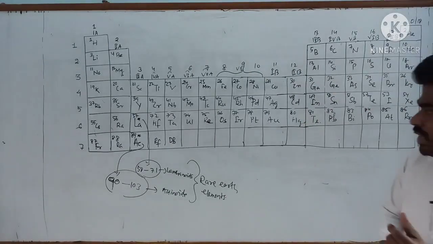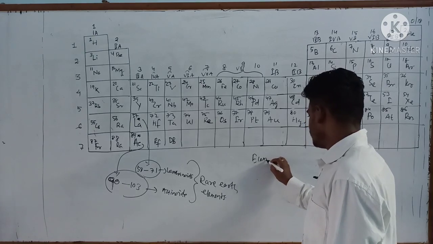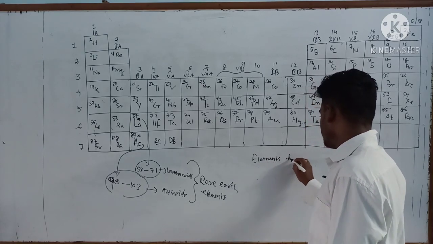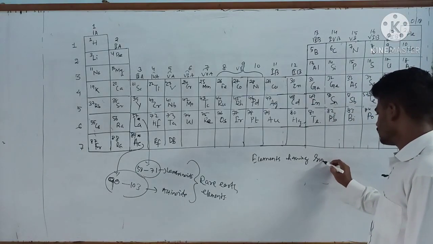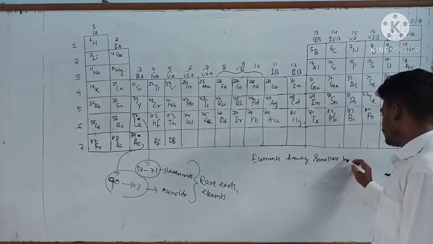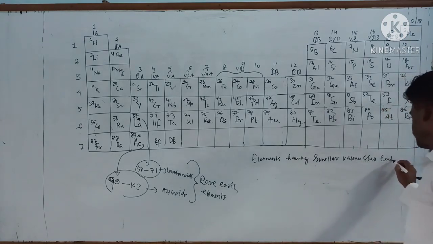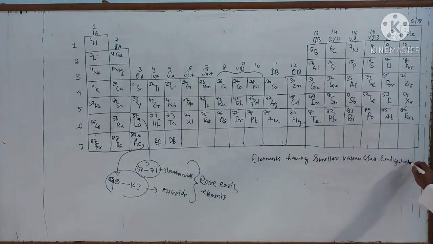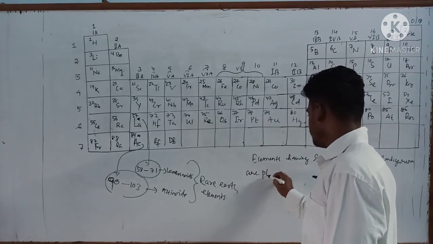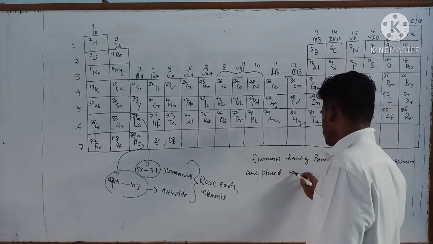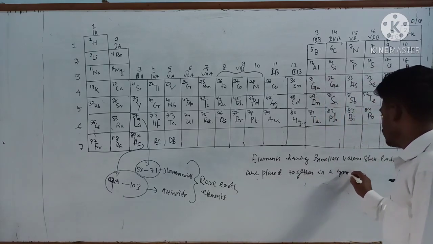Now, how has this classification been made? The basic fundamental property is that elements having similar valence configuration are placed together in a group.